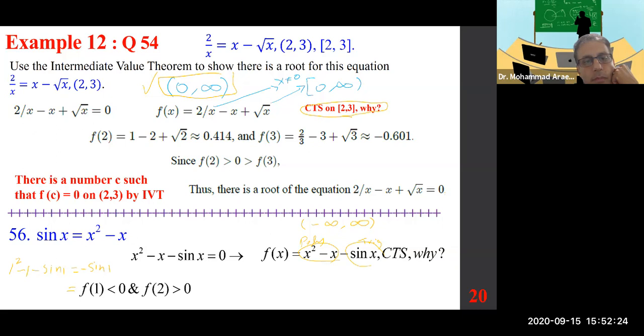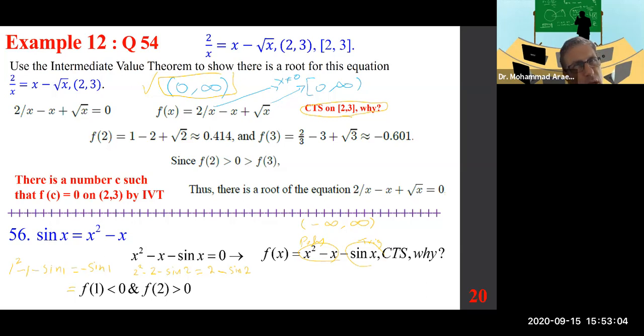Whereas f of 2 becomes 2 squared minus 2 minus sine 2. Remember why this is positive. 2 squared is 4. 4 minus 2 is 2. 2 minus sine 2. What is sine 2? Sine of 2 radians, okay? Doesn't matter if it's negative or positive. It will never go beyond 1. Remember that, right?